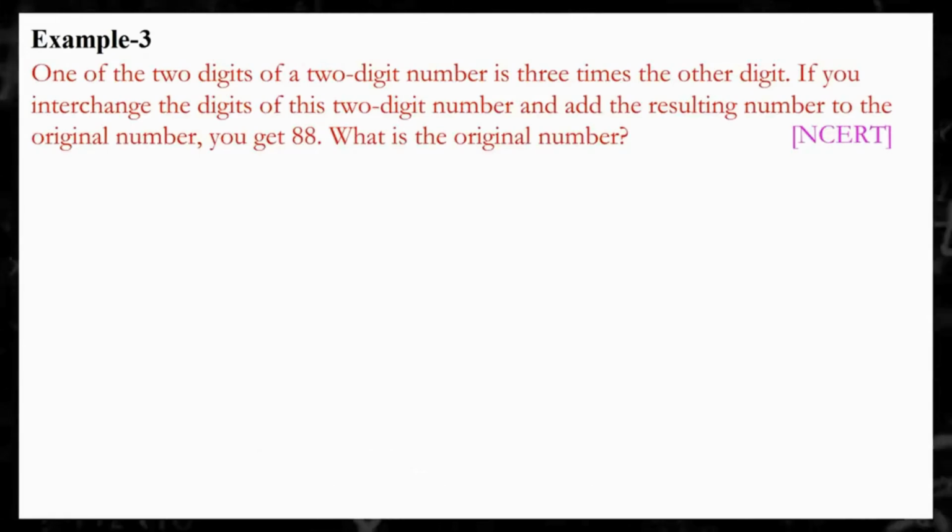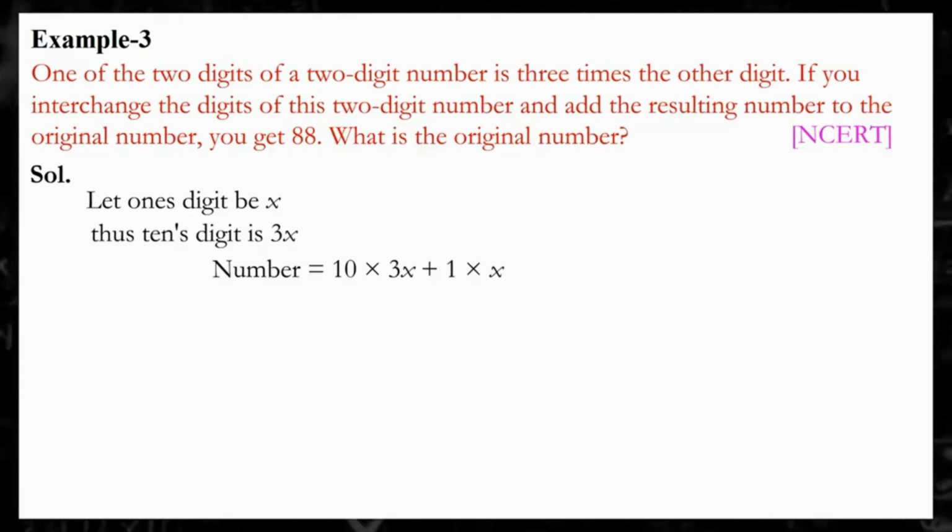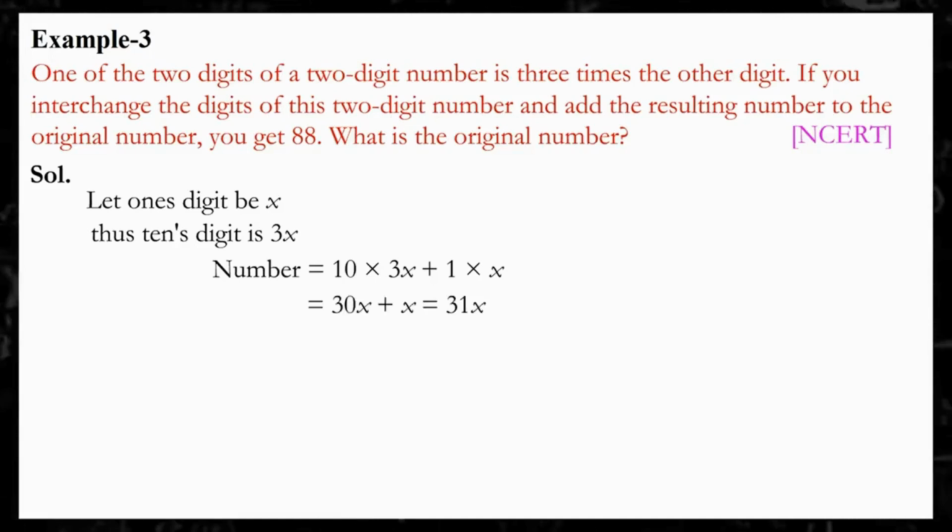Example 3. One of the two digits of a two-digit number is 3 times the other digit. If you interchange the digits of this two-digit number and add the resulting number to the original number, you get 88. What is the original number? NCERT. Solution. Let the ones digit be x. Thus, the tens digit is 3x. Number is equal to 10 into 3x plus 1 into x. This is equal to 30x plus x is equal to 31x.